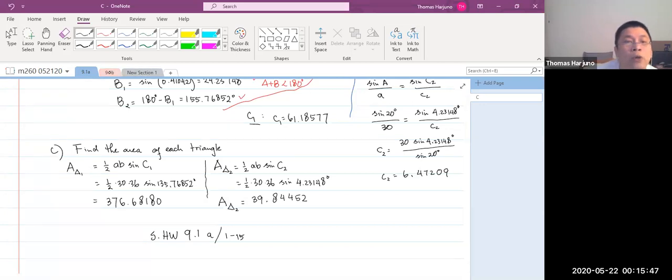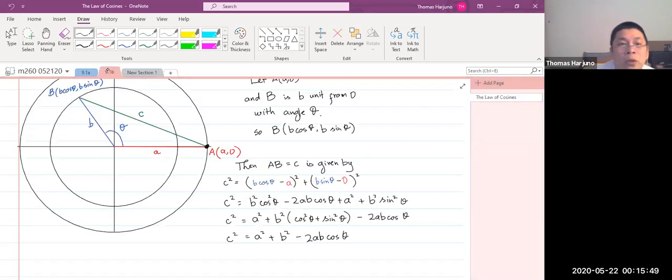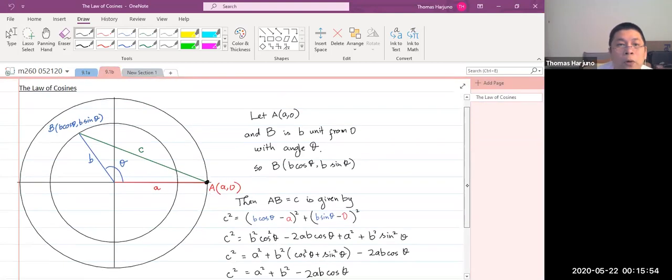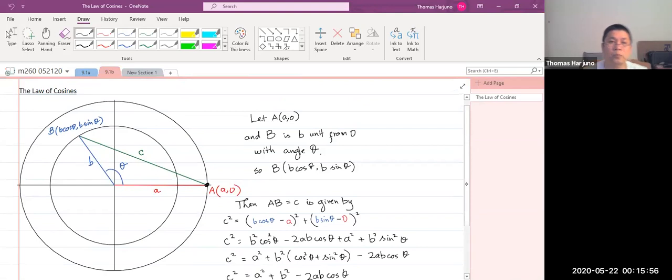Now we go on to 9.1b. In 9.1b, I present the proof for the law of cosine. Let's say I have two sides given of a triangle.